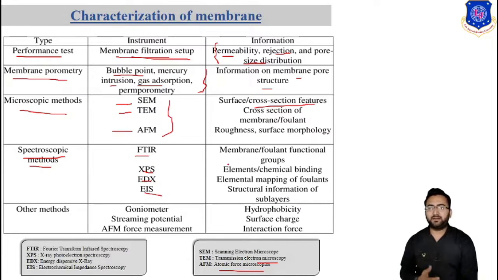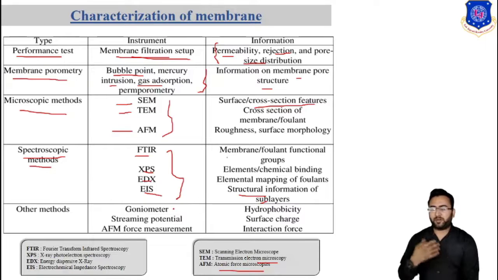Using these techniques, we can characterize the membrane and foulant functional groups, elements and chemical bonding, element mapping of the foulant, and structure information on the sublayer. FTIR means Fourier transform infrared spectroscopy, XPS means X-ray photoelectron spectroscopy, EDX means energy dispersive X-ray, and EIS means electrochemical impedance spectroscopy.